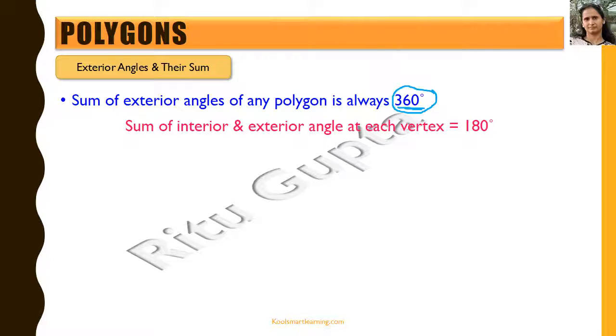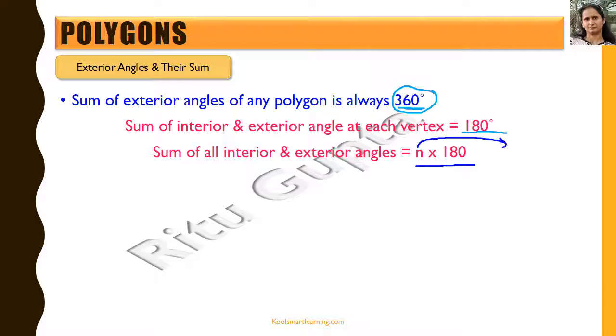We know that the sum of the interior and exterior angle at each vertex is 180 degrees. So the sum of all interior and exterior angles will be n into 180, because it's an n-sided polygon. So it will be 180 into n. This will be the sum of all the interior and exterior angles.